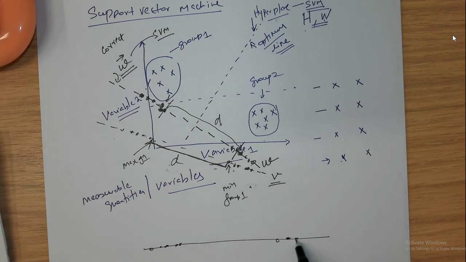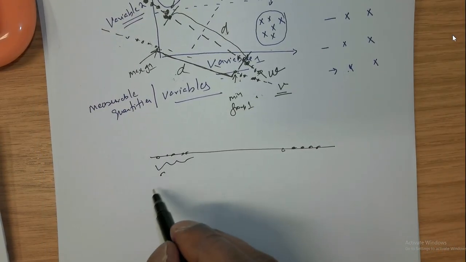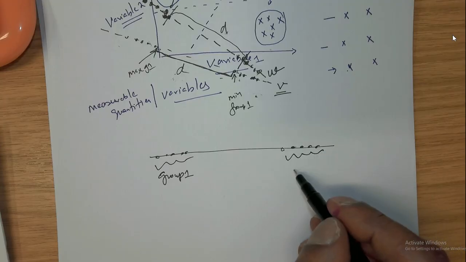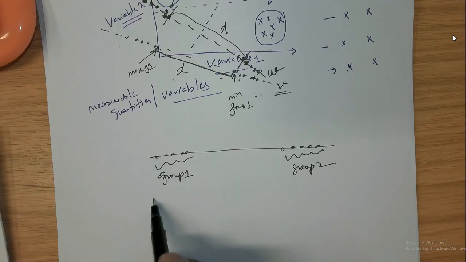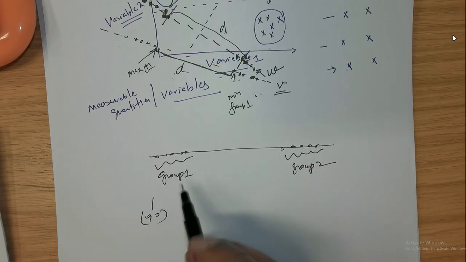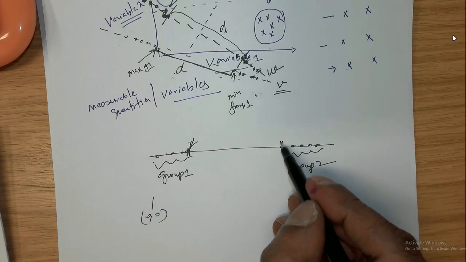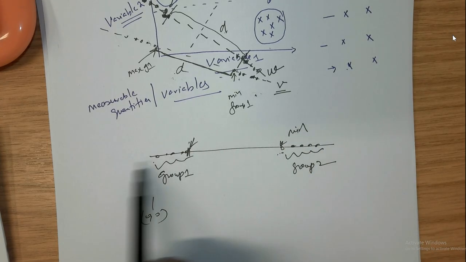Yeah, and you have some points here. So these points belong to group 1, and these points belong to group 2. So let's put a number starting from 0, 0. So this will be the maximum value in this group, and this value will be the minimum value in this group, isn't it?